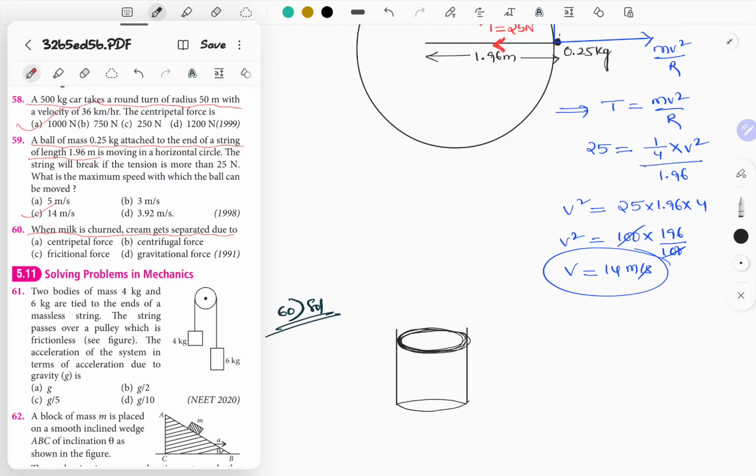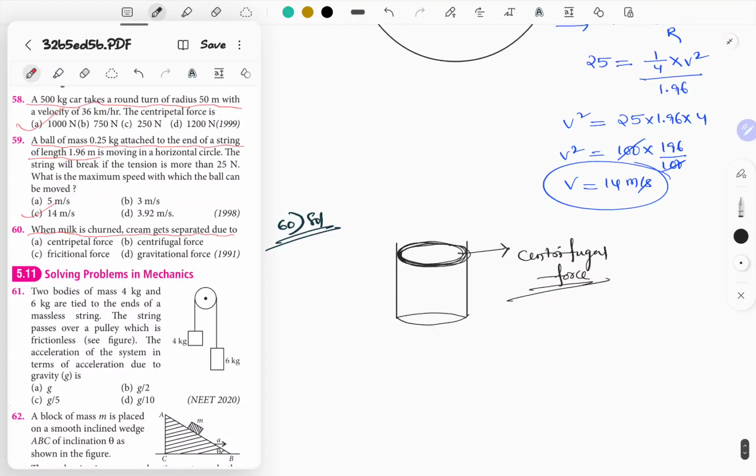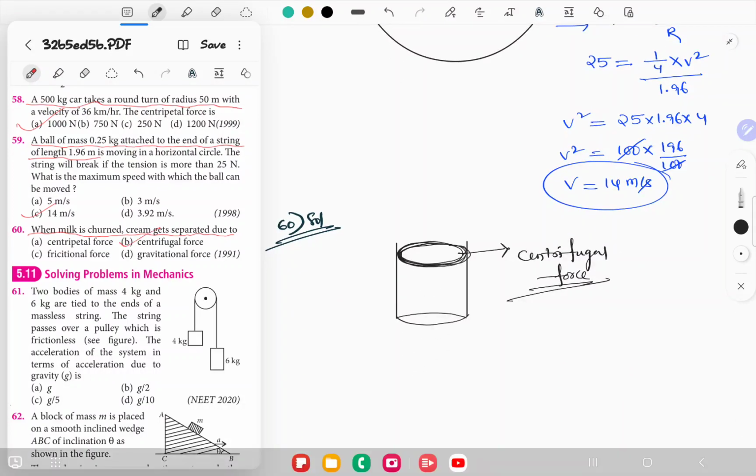So there is a possibility that this milk may fall out because of centrifugal force, not because of centripetal force. Centrifugal force is the responsible force for objects to fall out of the circular motion. So which option is correct? For question number 60, option B is correct.